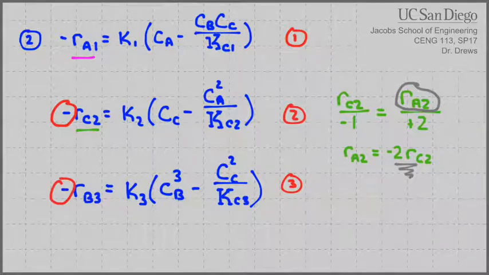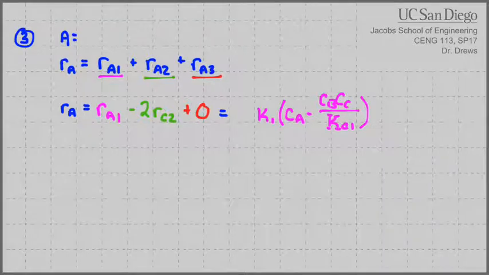So we're not writing the rate of C2, we're writing minus the rate of C2. We're not writing the rate of A in reaction 1, we're writing minus the rate of reaction 1 in terms of A. So over on this next one, we need to not forget the negative.